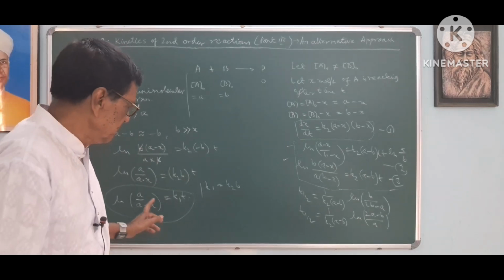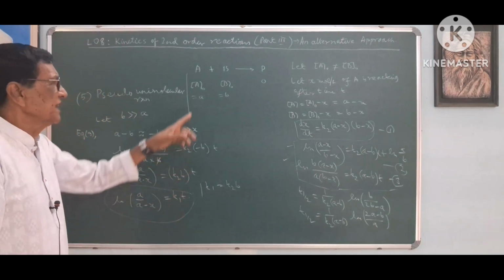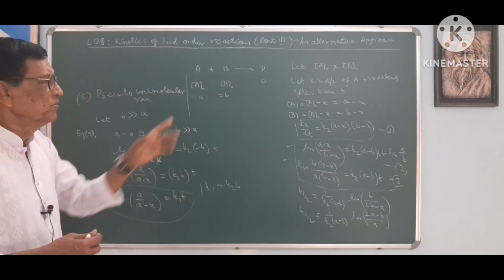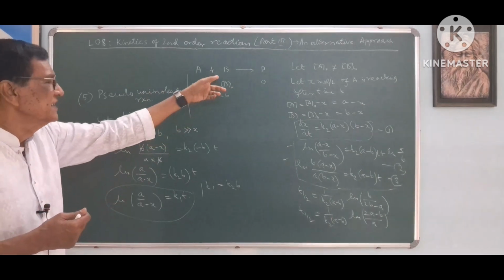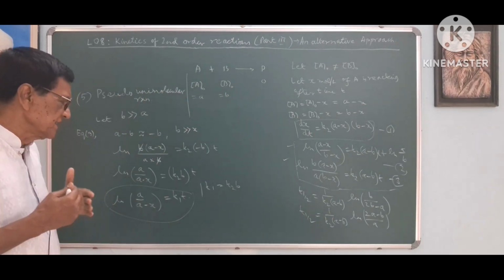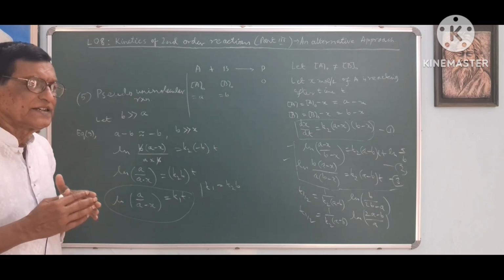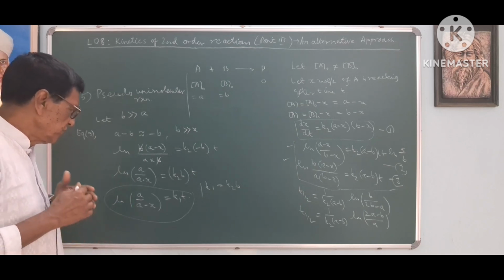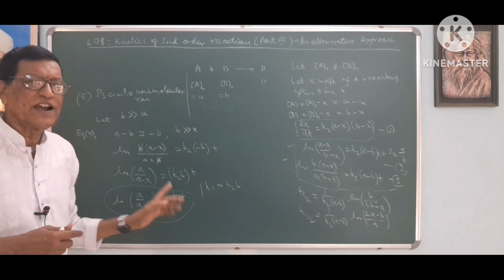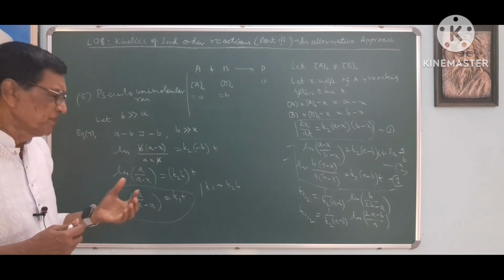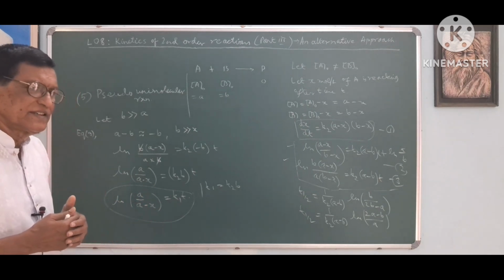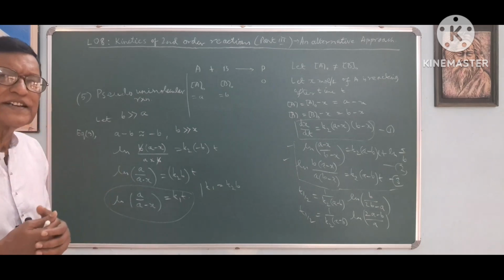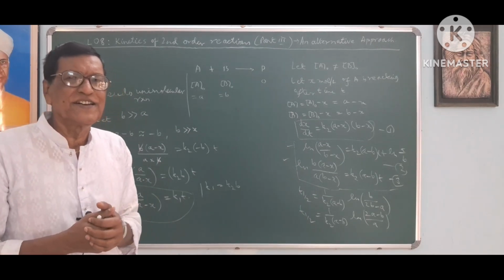This is actually first order kinetics. So a second order reaction, where two reactants are participating, still behaves or follows the first order kinetics. First order kinetics means, for an elementary reaction, it is a unimolecular reaction.